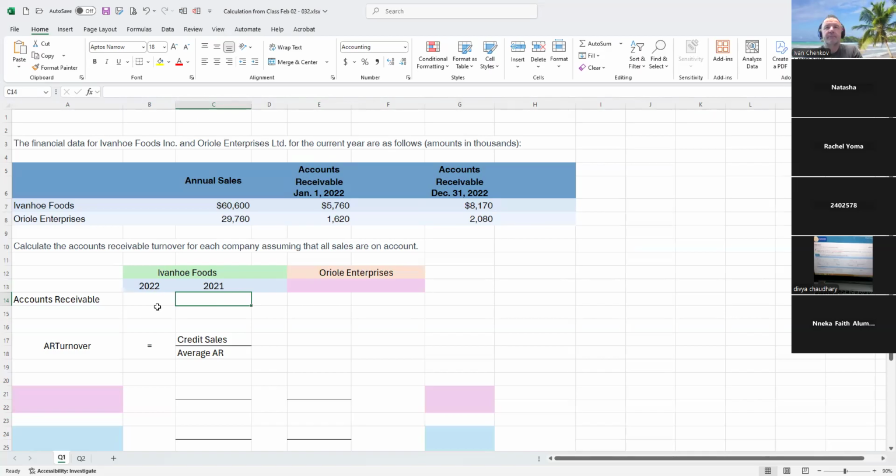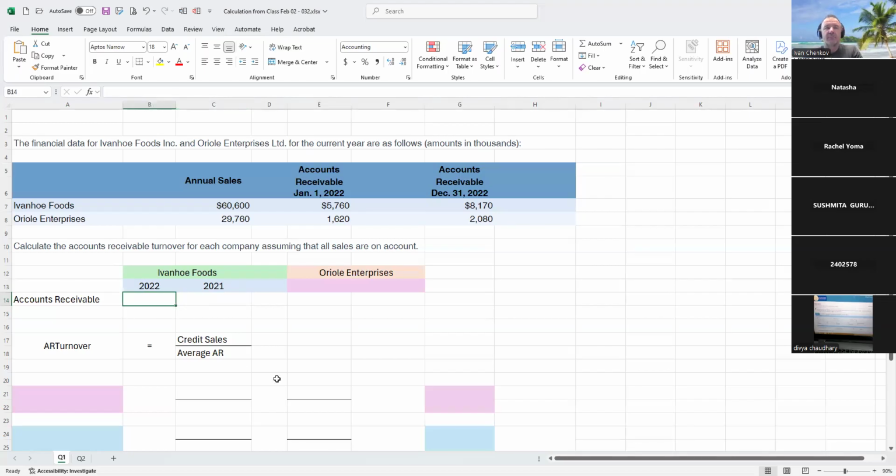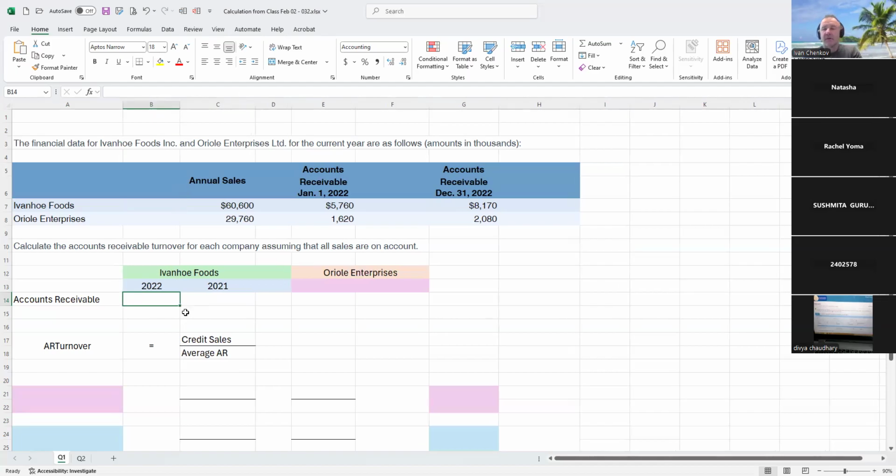Opening will be 5,760 and the ending will be 8,170. So what that means is the ending balance for 2022 will be the opening balance, 8170, and the ending balance for 2021 will be 5760. Is that what you're saying? Yes. Why is that?